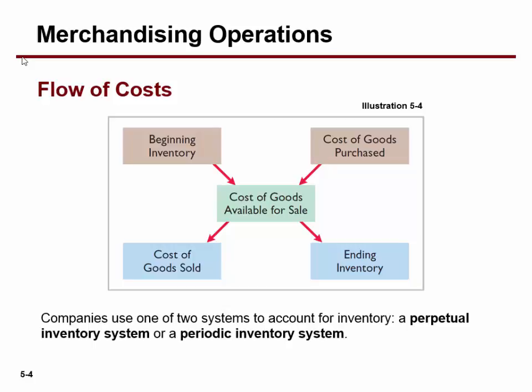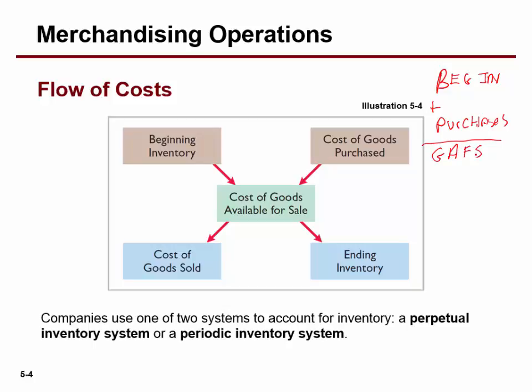So another way that you can calculate your cost of goods sold, then, is you have your beginning inventory plus your purchases for the period, which gives you your goods available for sale.